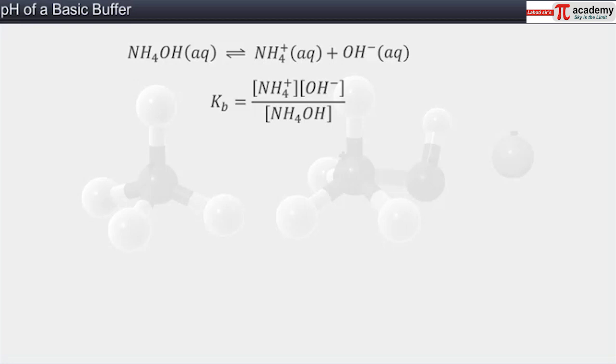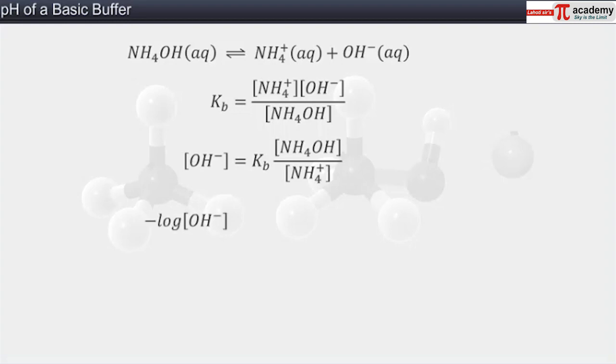After rearranging, we get concentration of hydroxide ions is equal to Kb multiplied by concentration of ammonium hydroxide divided by concentration of ammonium ions. Taking the negative logarithm on both the sides of the equation, we get minus log of concentration of OH minus ions is equal to minus log of Kb minus log of concentration of ammonium hydroxide divided by concentration of ammonium ions.